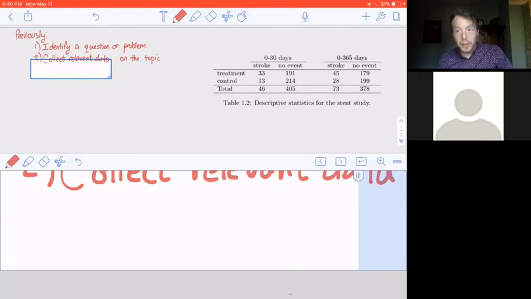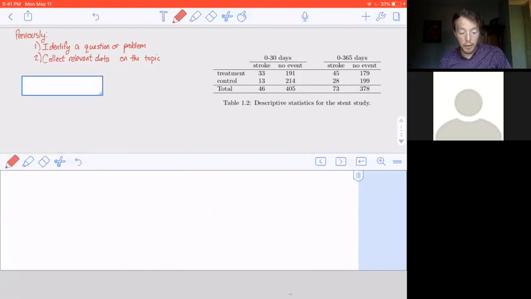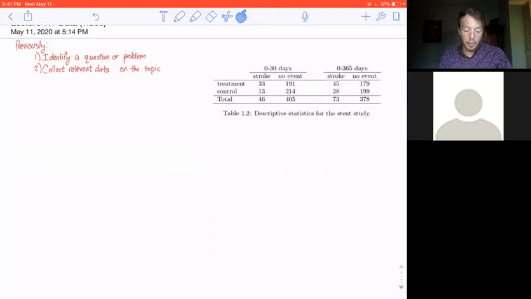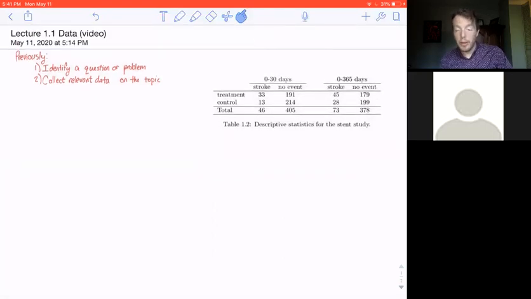So on the first lecture, we were talking about the statistical process, and we did an overview of these first two steps of it. The first, identify a question or problem, and we used the example of this stents data set, and we wanted to know whether or not surgically implanting a stent would reduce the chance of somebody getting a stroke.